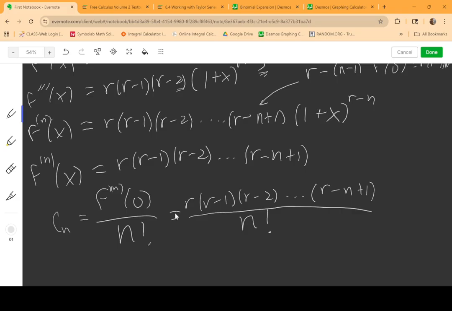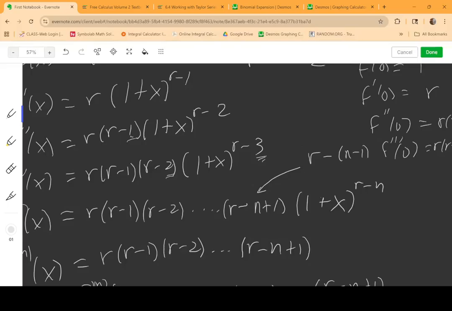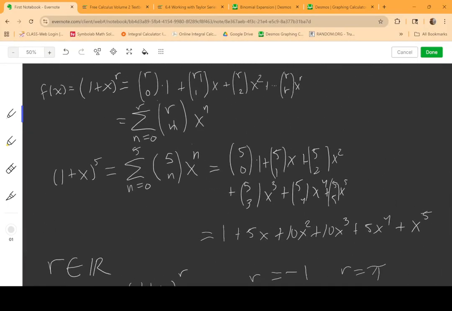Now this general form actually conforms with our previous understanding of what the choose number is.